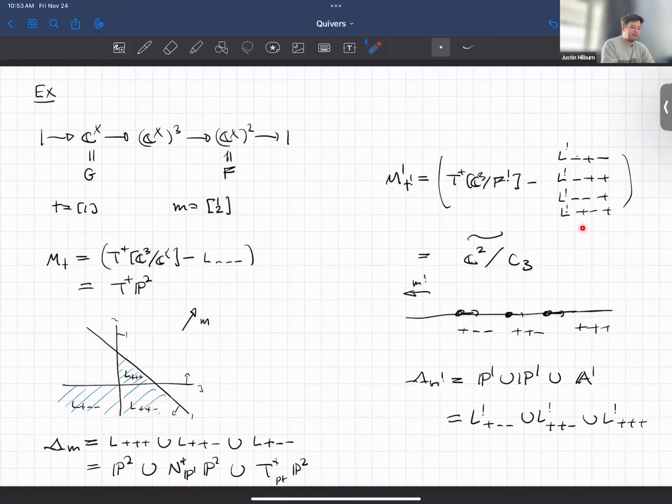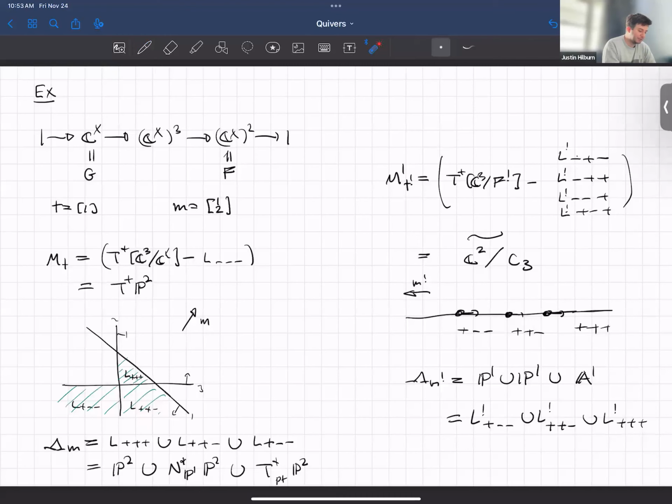And if I do this on the other side, on the Gale dual side, you find a similar hyperplane arrangement, now just with a line with 3 different hyperplanes on it. And then you notice which guys are actually bounded for this mass parameter and you find these 3 chambers, and you notice that the sign vectors are exactly the same.